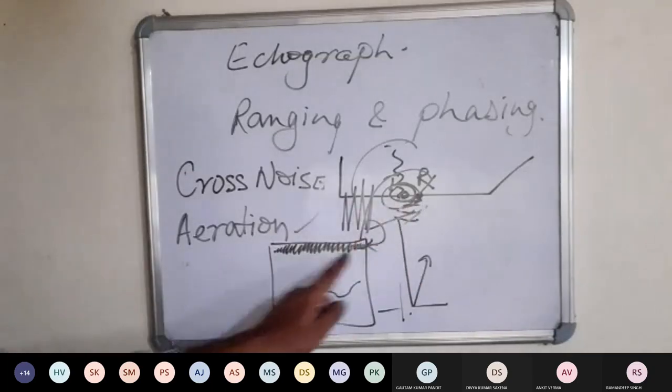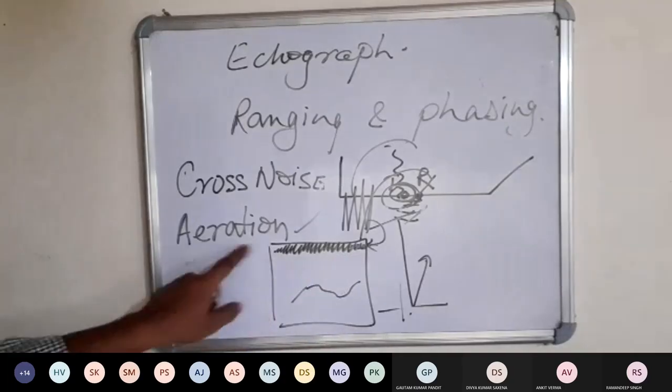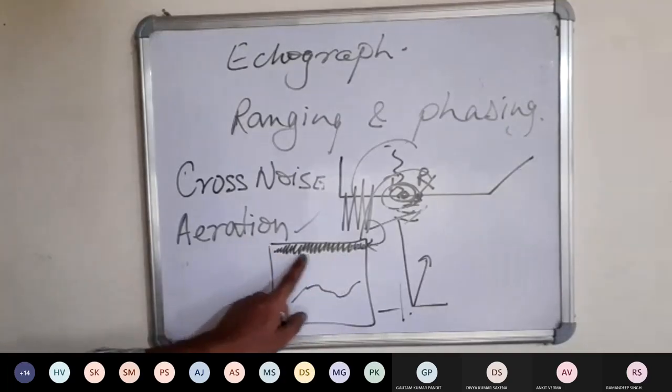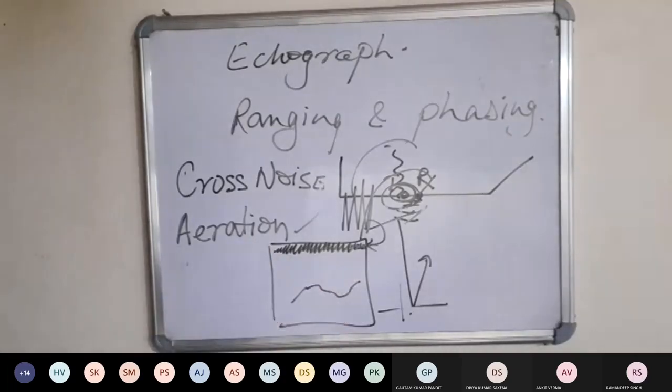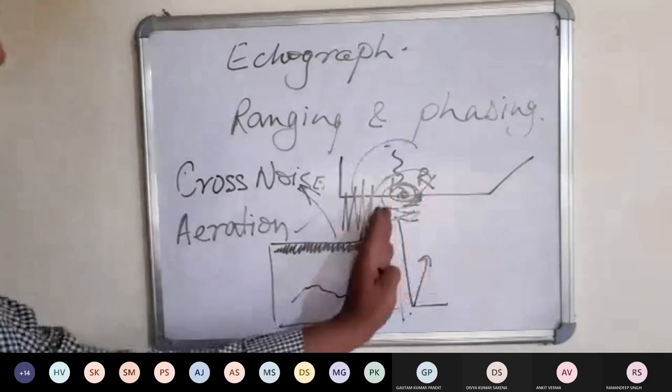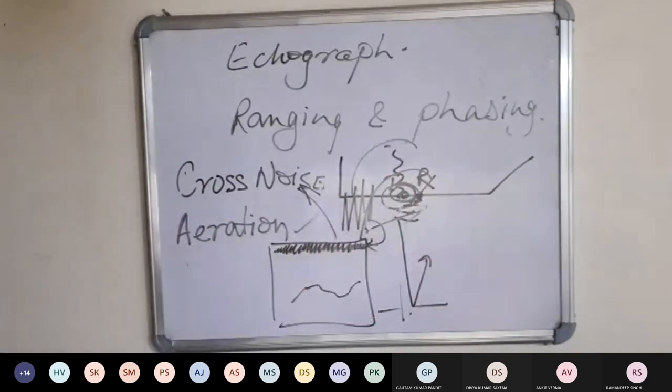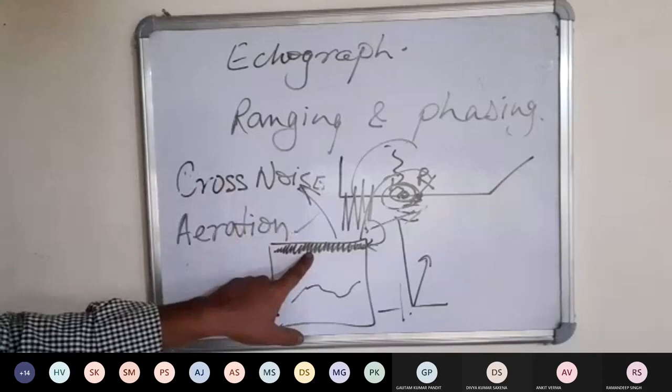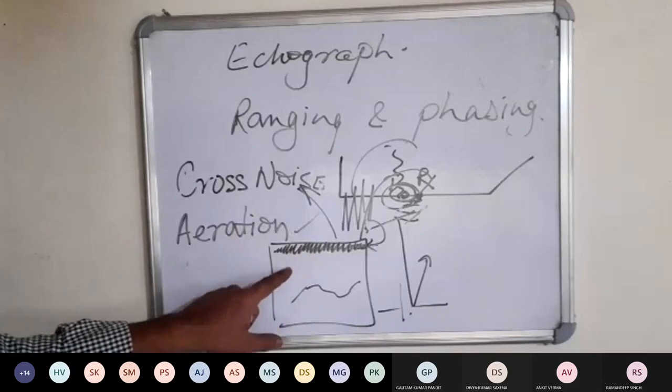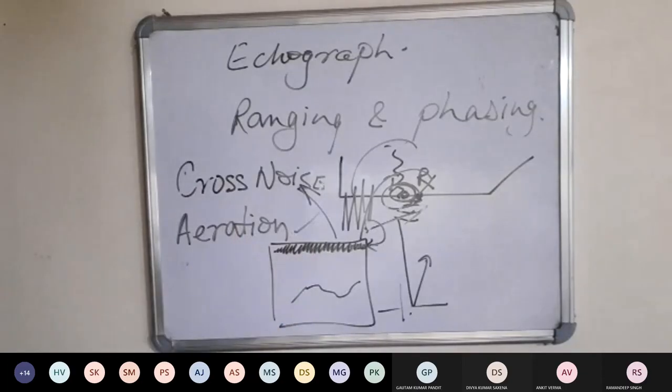Every pulse is producing this effect. So at the zero line, there can be dark marking here. So this is a problem called cross noise. यहाँ से बार बार उस तरफ को चला जाता है. Cross noise is happening, results into a dark line near the zero line.